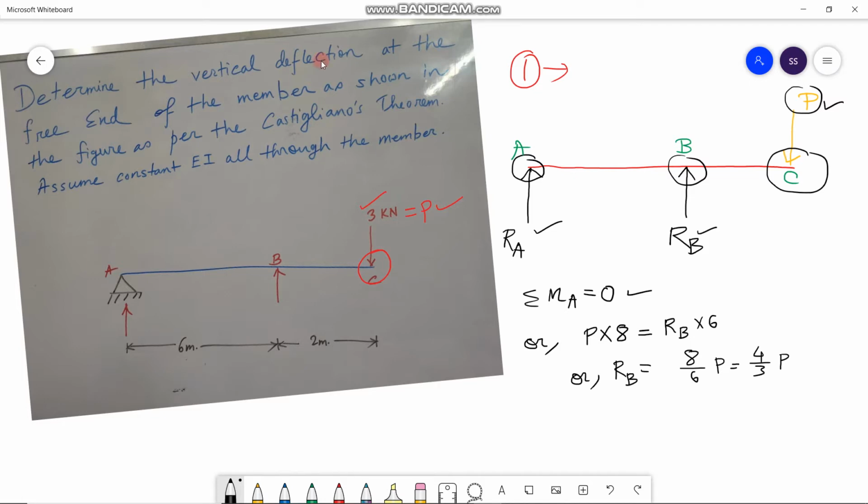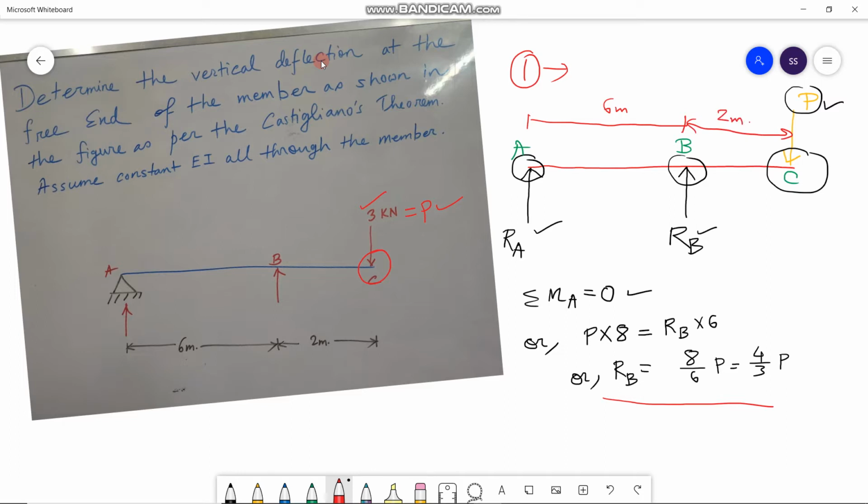We did this calculation based on the data given that the distance between A and B is 6 meters and the distance between B and C is 2 meters.